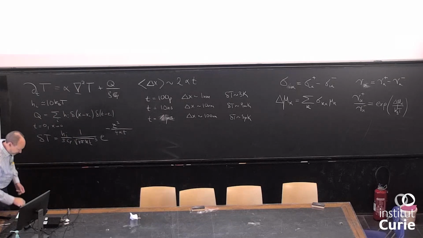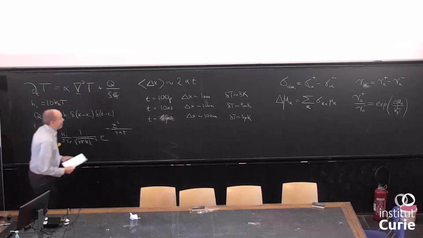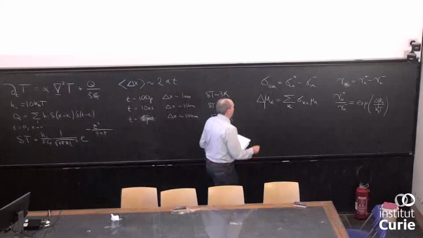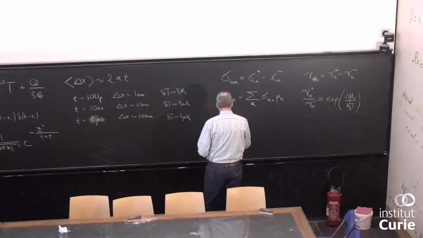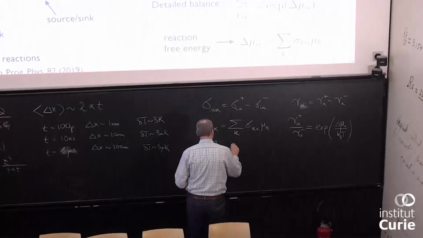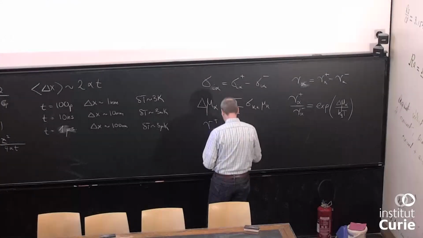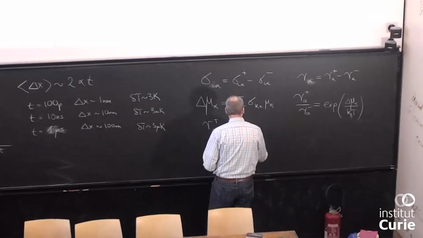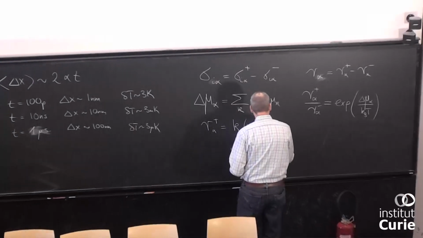And from that, it follows that the rates can be written in a general form, which is some kinetic coefficient, which is in general composition dependent, times factors which are thermodynamic.